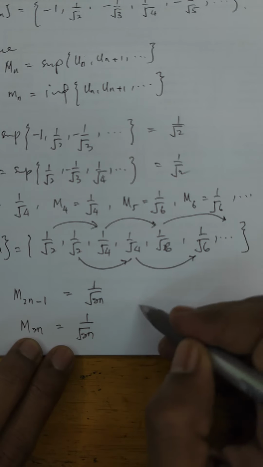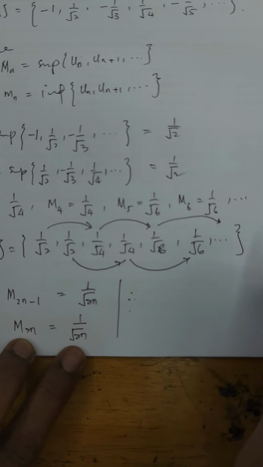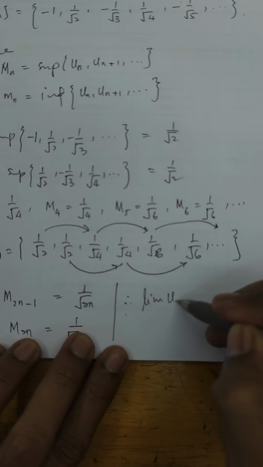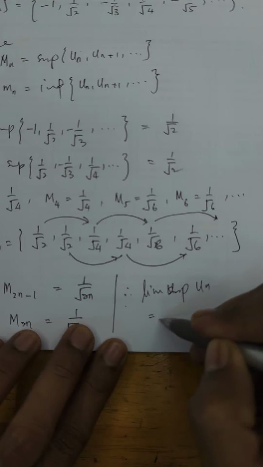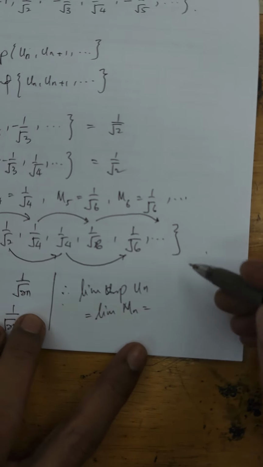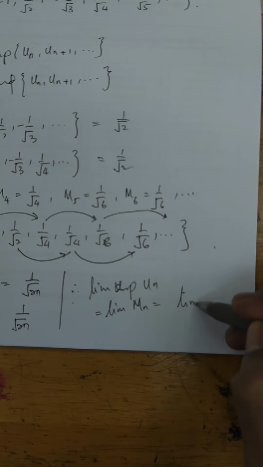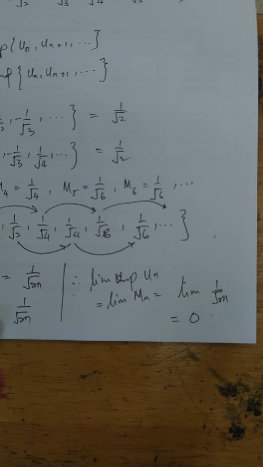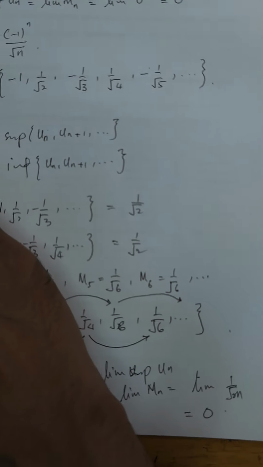So therefore, the limsup of un is equal to the limit of Mn, which is equal to the limit of 1 over √(2n), which is 0. Alright, so I hope you can understand those things.